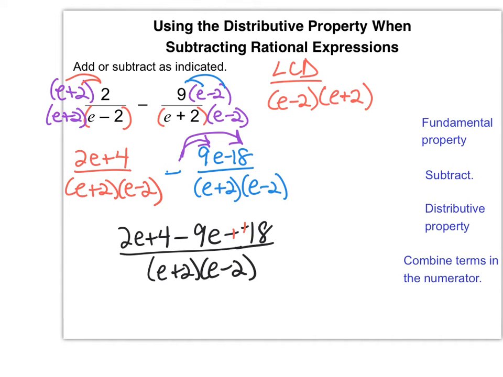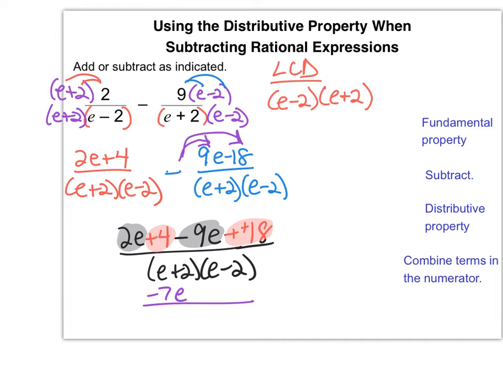Now in the numerator, we can combine like terms. We have a 2e here and a minus 9e. Those are like terms. And we have the plus 4 and the plus 18. Those are like terms, so we can combine those. Our numerator, when we simplify, 2e minus 9e is negative 7e.